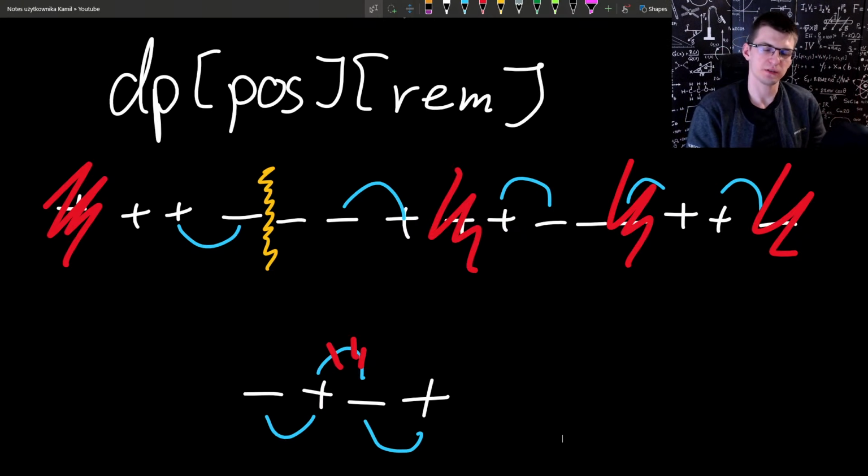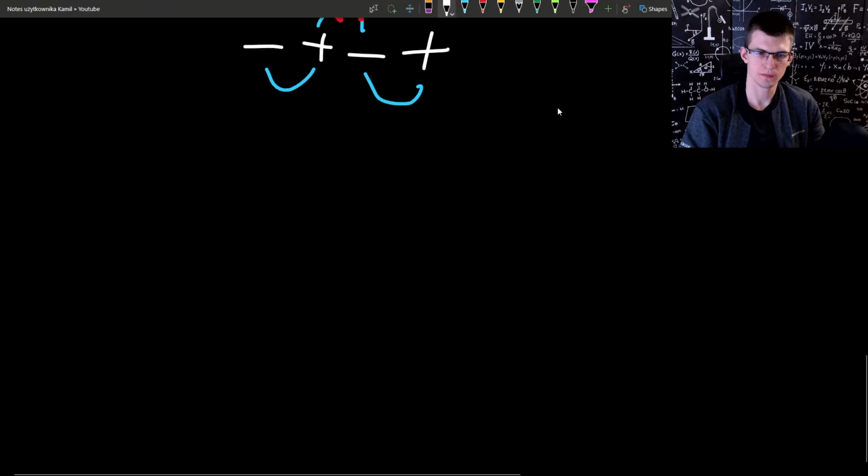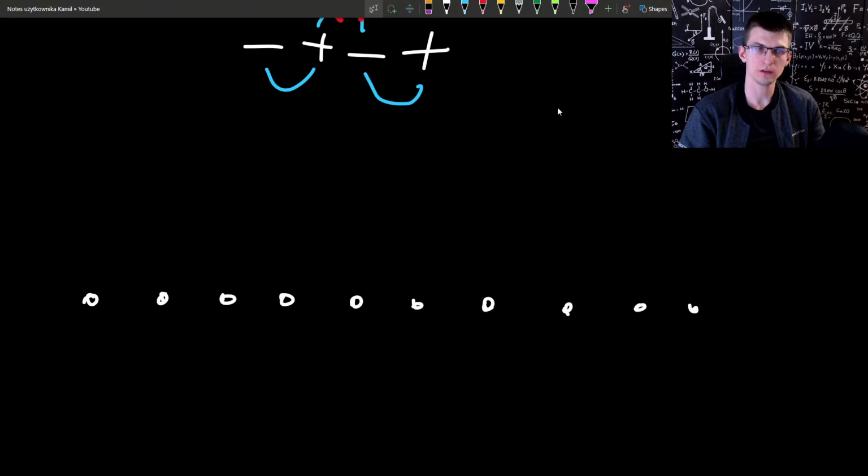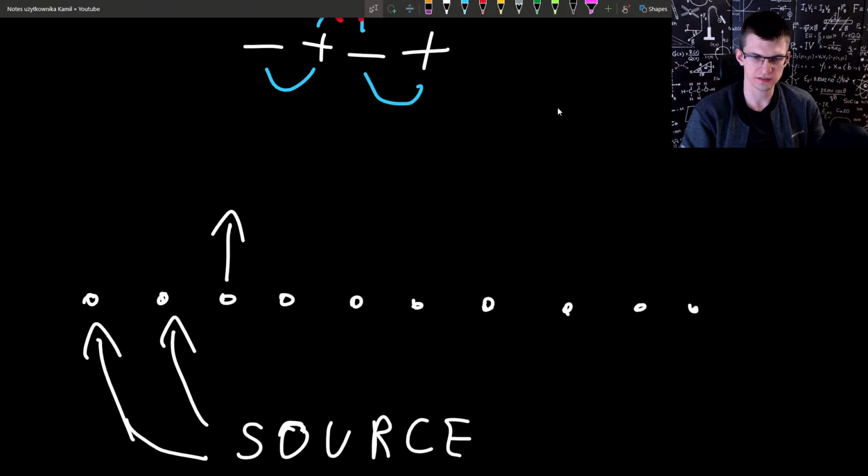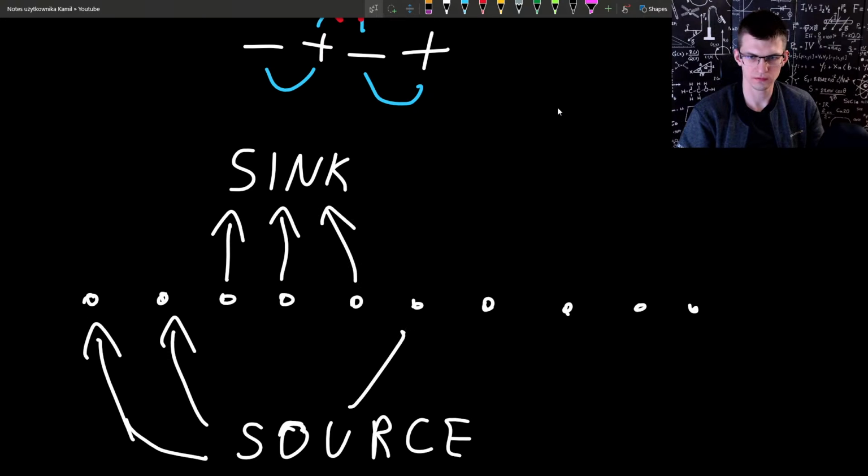If I model this as a flow, what will happen? Let's say that all pluses get an edge like that with proper capacity from the source. Minuses move out to the sink. And what about edges between them?